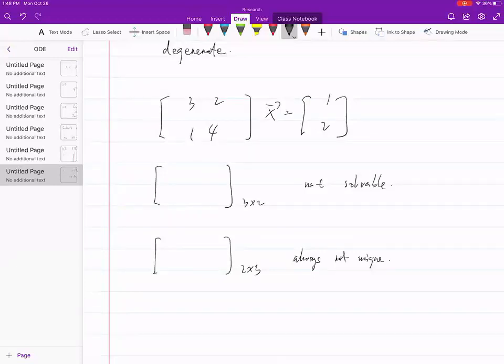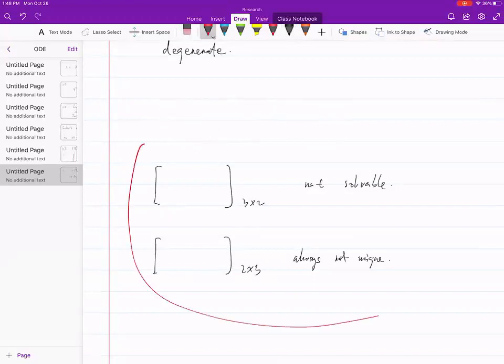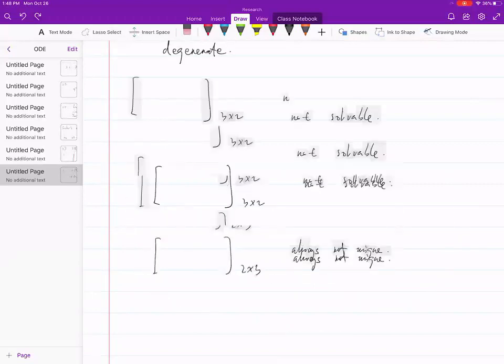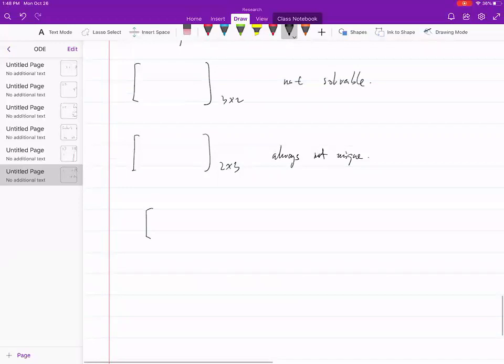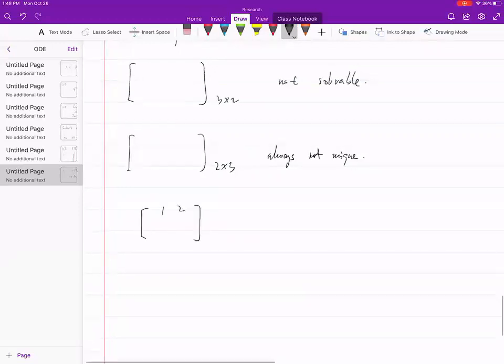Now what's tricky is sometimes you may look like there are 3 equations, but actually you only have 2 because some of them are redundant. For example, something like this. Do you have 2 equations?